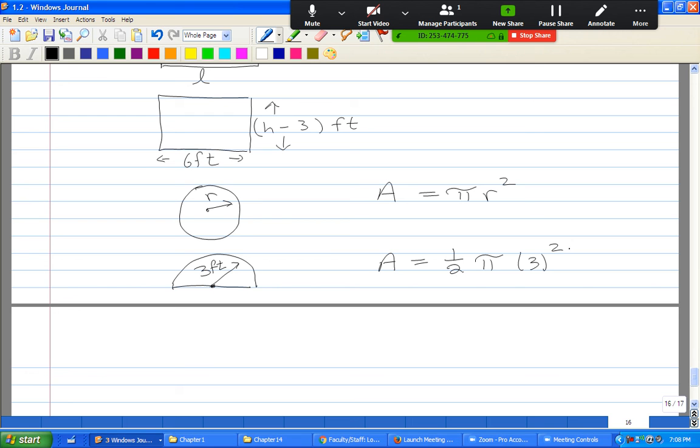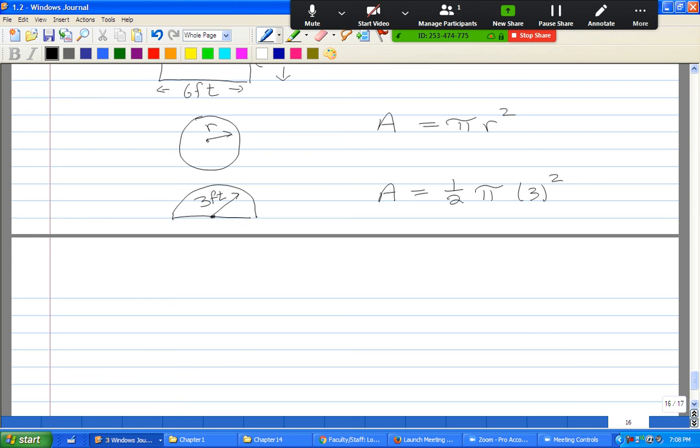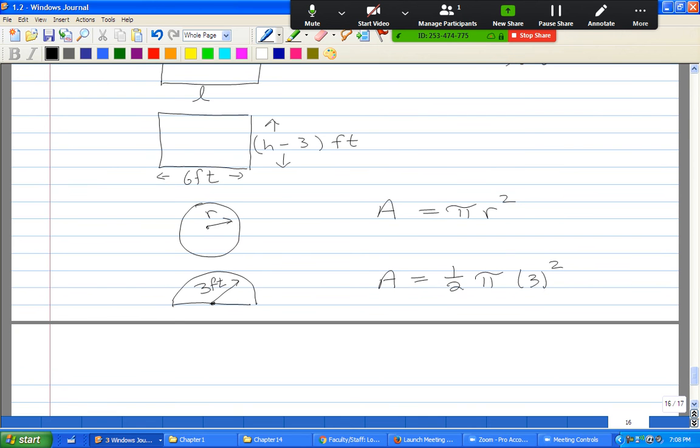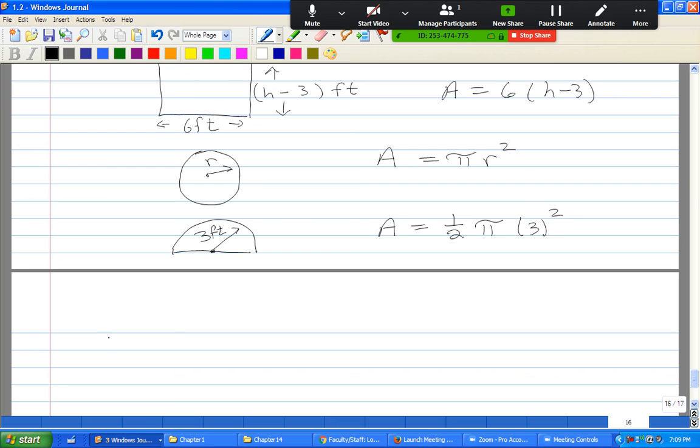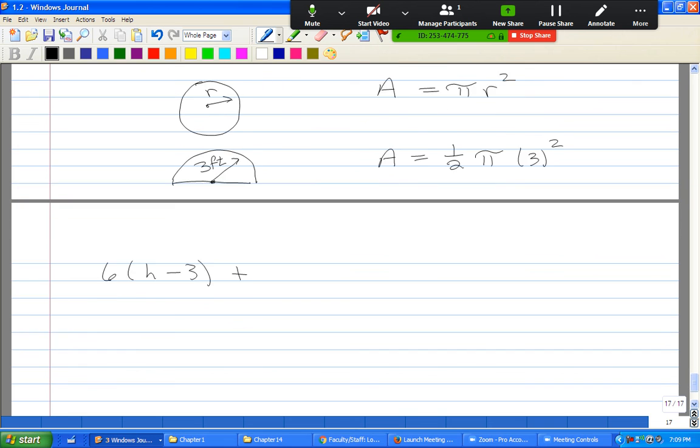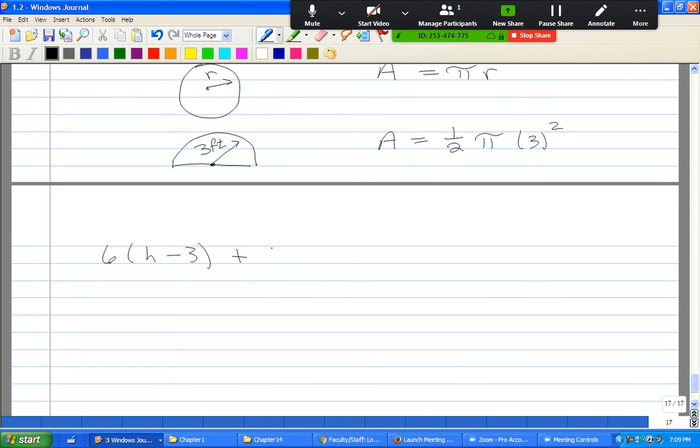Okay. And so the sum of these must be 68.2. So the area here is length times width. And so 6 times h minus 3 plus the area of this semicircle, 1/2 pi times 3 squared. That must equal 68.2.